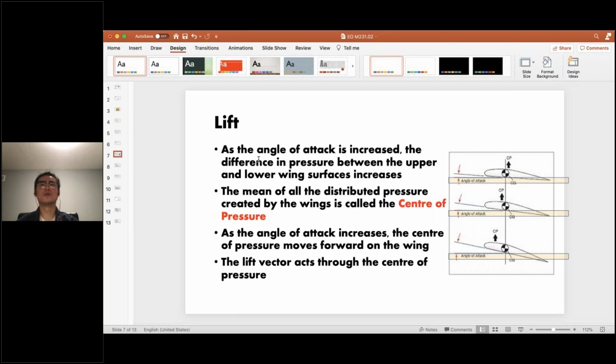You're going to meet the limit at which the angle of attack can be increased, or the center of pressure can be increased. This little arrow, this little CP, can't go any further than the wing itself, right? And that's when the airplane stalls.